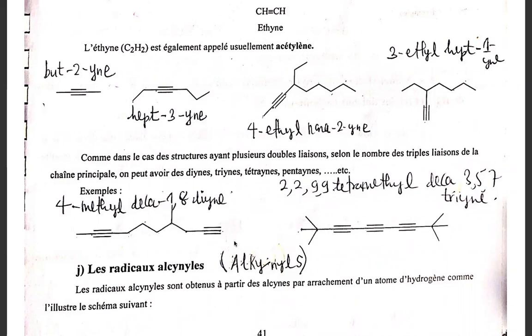So our nomenclature: this whole chain contains 10 carbon atoms, and at position 1 and position 8 we have a triple liaison. A triple liaison is denoted by the terminaison YNE.